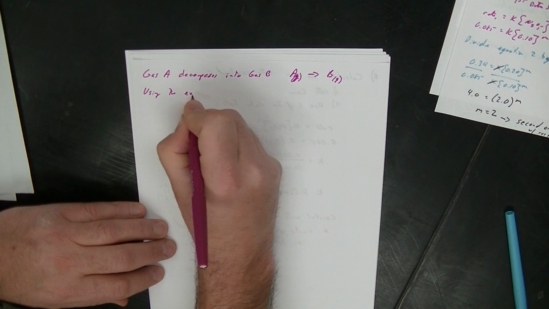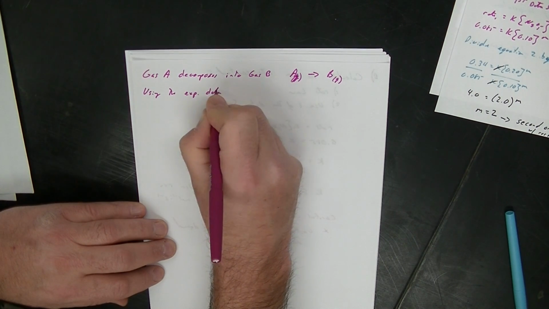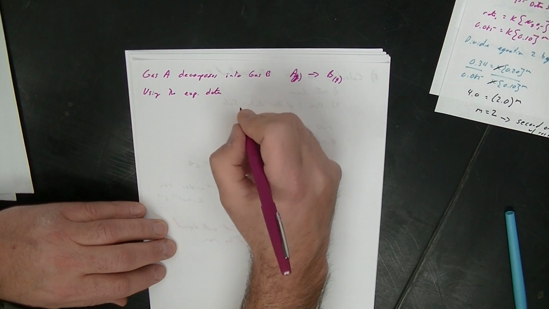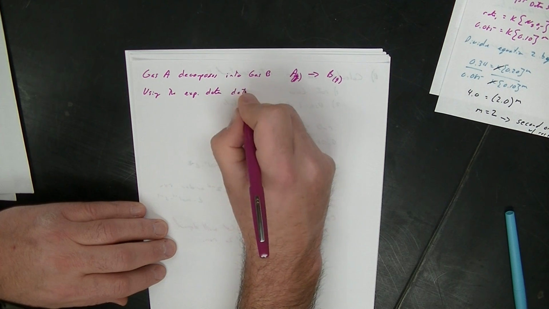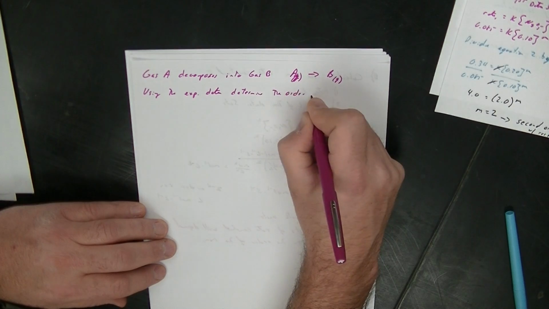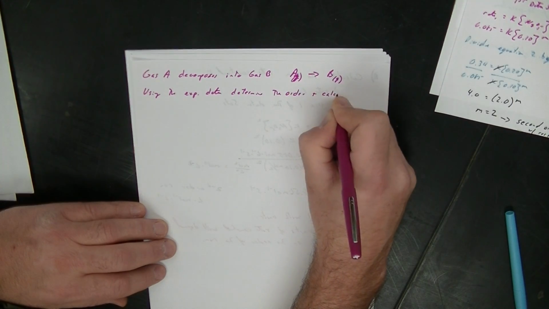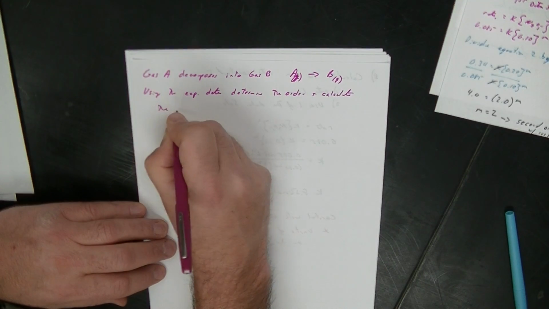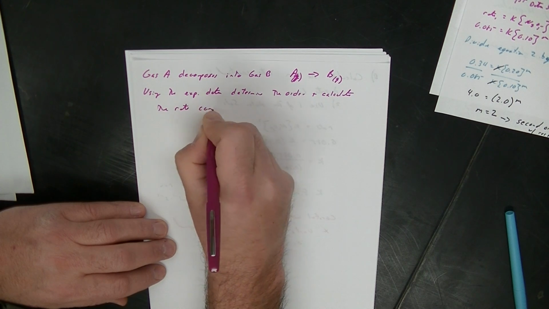Using the experimental data, determine the order and calculate the rate constant.